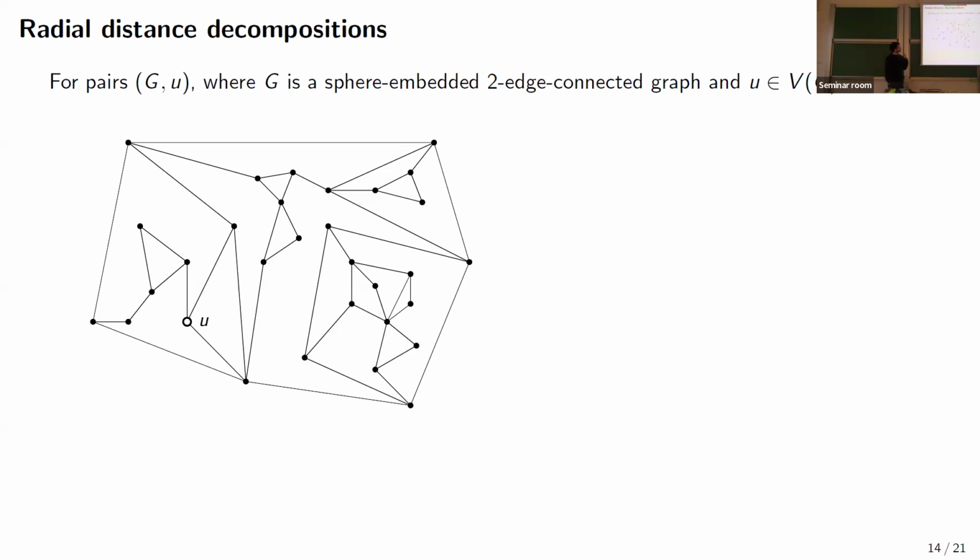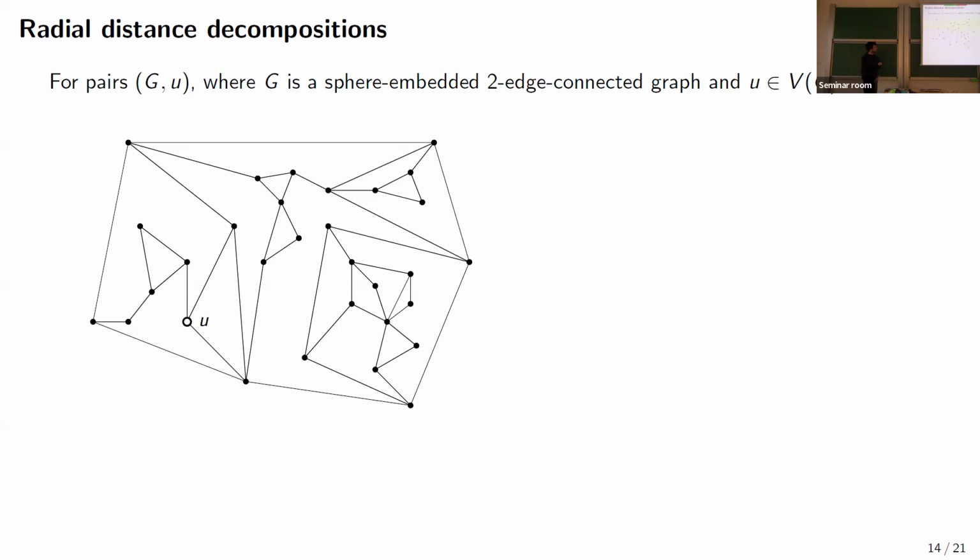You give me a graph. Now we speak about sphere-embedded graphs that are also two-edge connected. This is an extra technical assumption, but in the end, I can lift it. And I also give you a root. So I speak about sphere-embedded, single-rooted graphs.